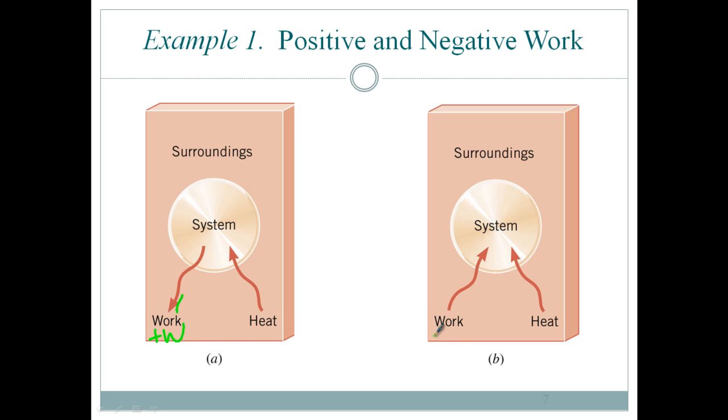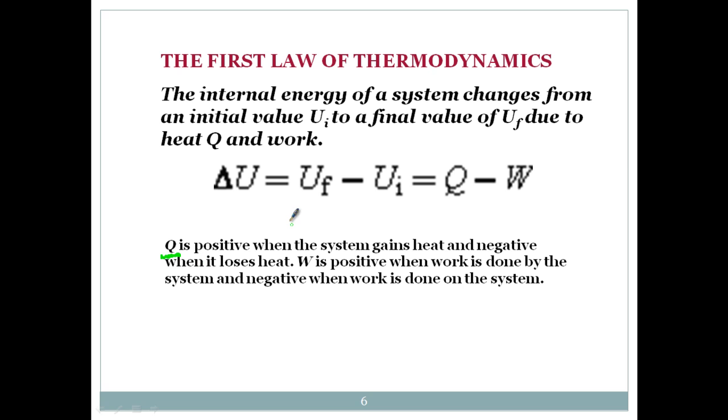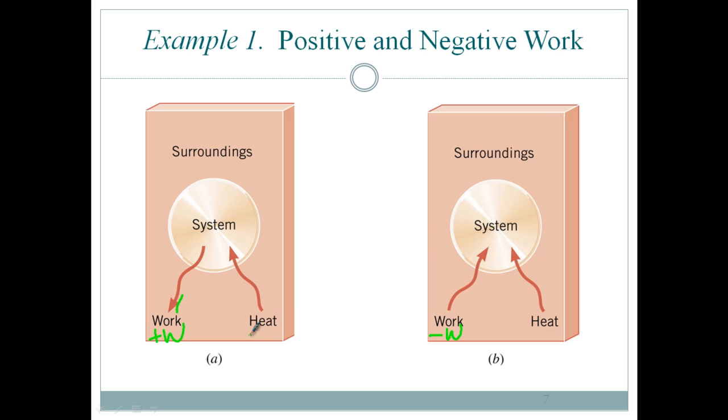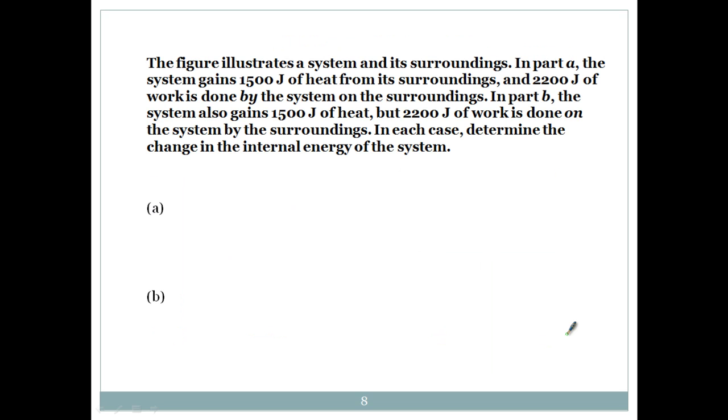And over here, work's going into the system, so it's negative work, negative W. Just be careful with those. In both of these, heat is going into the system, so what do we say that was? The system is gaining heat, so therefore, these are all positive heats. Positive Q, positive Q.